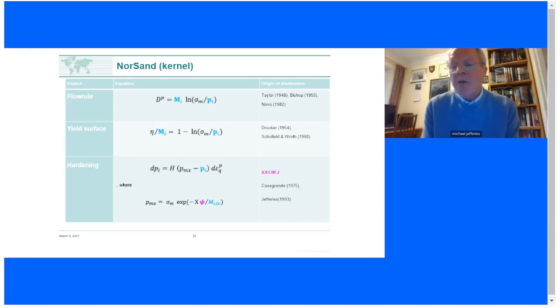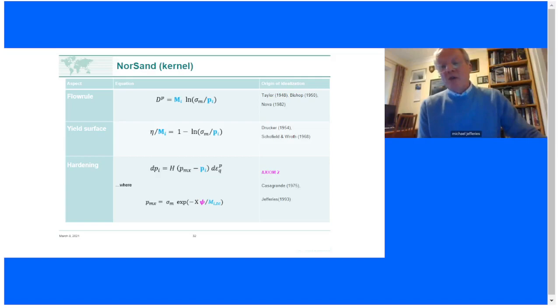More choices will come along as we learn more about soil behavior. I know, for example, if we apply NorSand to residual soil, we have to make M something that degrades with strain as the soil structure is destroyed. And the only catch here, if it is a catch, is you have to solve these equations simultaneously. Certainly, I do not believe there will ever be a closed form solution to this set of equations, but they're trivial to do numerically.